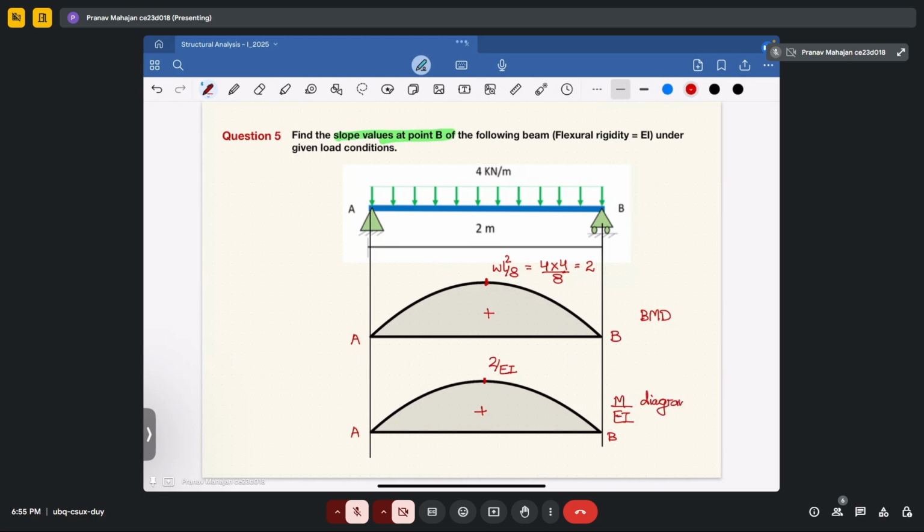Fine. Now you have to determine the slope at point B. Okay, so how can I find it out? I can find it by taking the relative slope.